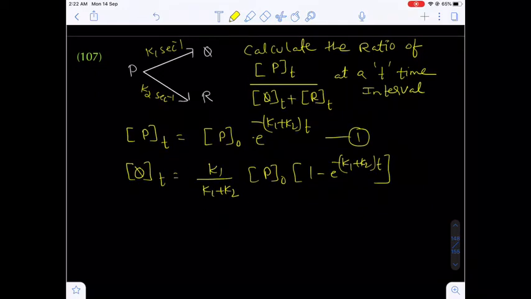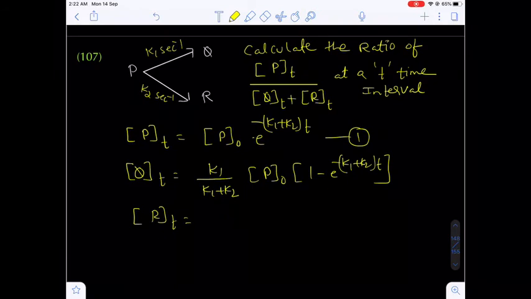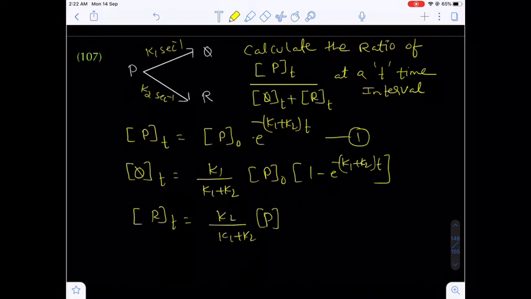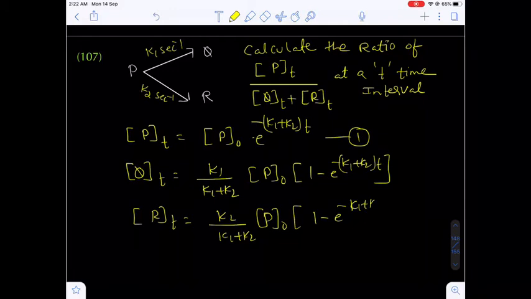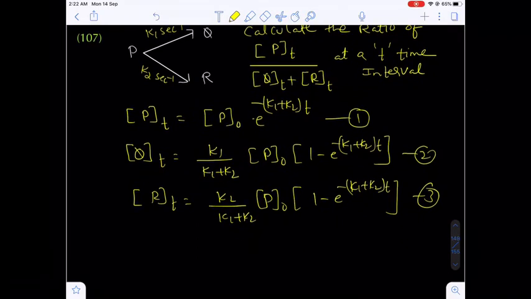Okay. Now one more, the concentration of product R will be equal to K2 upon K1 plus K2, the initial concentration of reactant multiplied by 1 minus e to the power of minus K effective into time period. Okay, equation 2, equation 3.